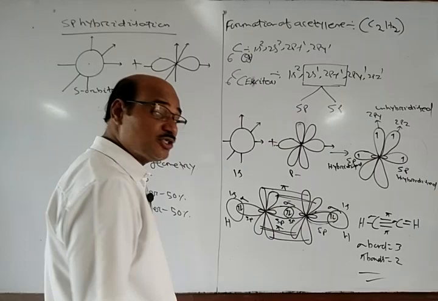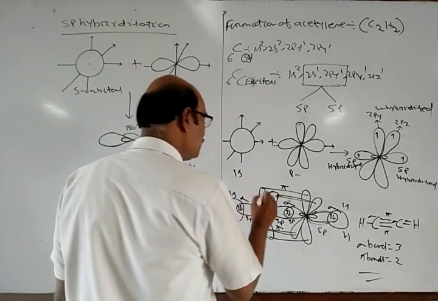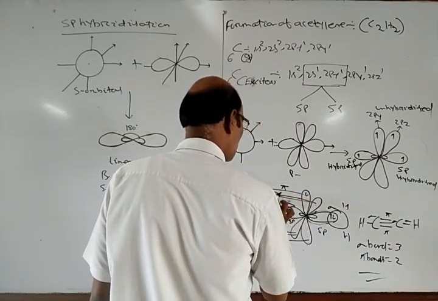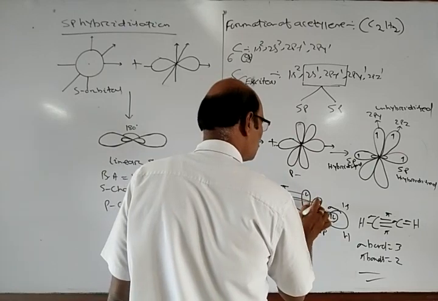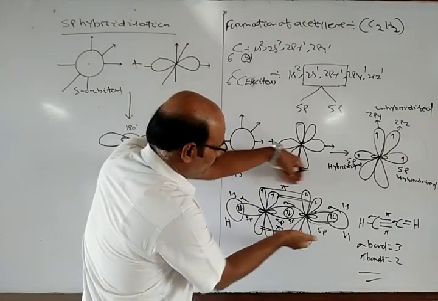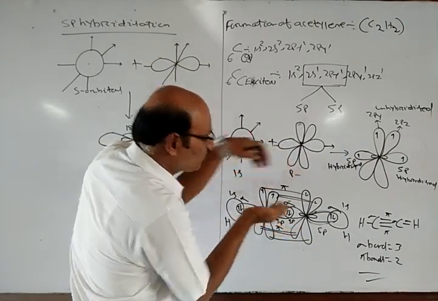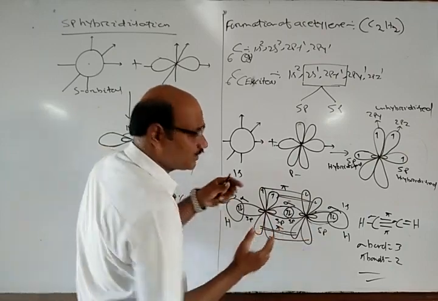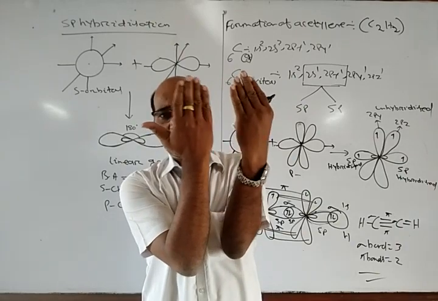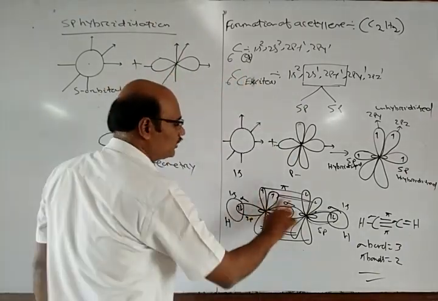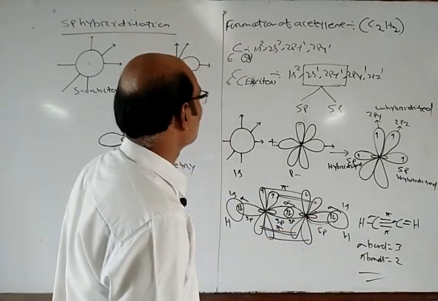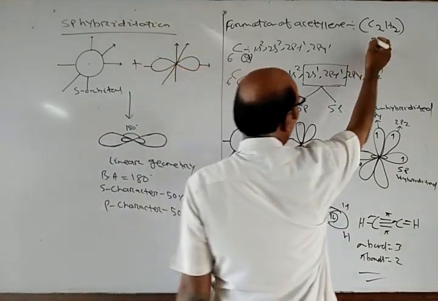Now the unhybridized orbitals 2py and 2pz form two pi bonds. Accordingly, the C2H2 molecule is formed, called acetylene or ethyne.